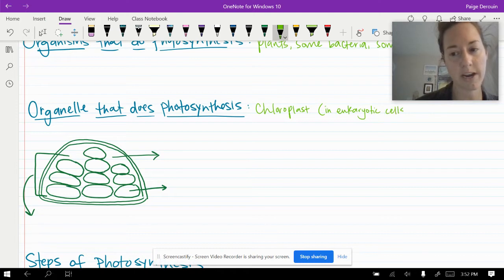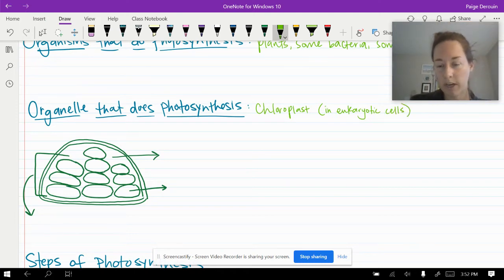Because remember, prokaryotic cells don't have any organelles, and those are the bacteria. So we've looked at a chloroplast before, but we're now going to actually break down the different parts of the chloroplast because it's going to be important for each process of photosynthesis, which occurs in different parts.